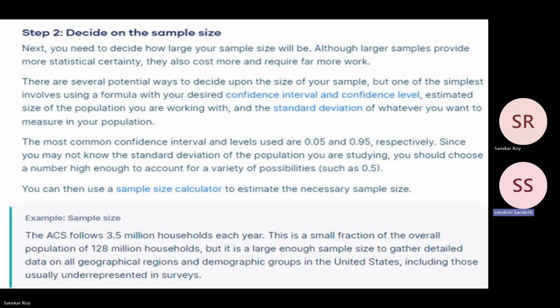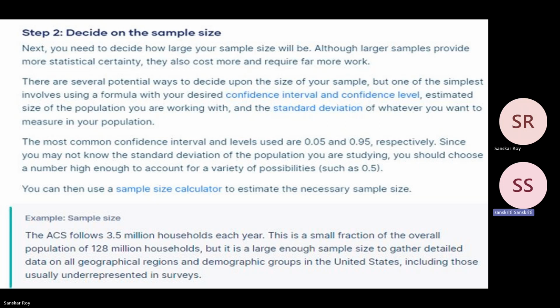The most common confidence interval and level used are 0.05 and 0.95 respectively; these two we use frequently, since you may not know the standard deviation of the population you are studying. One example we are taking is sample size. The ACS follows 3.5 million households each year.